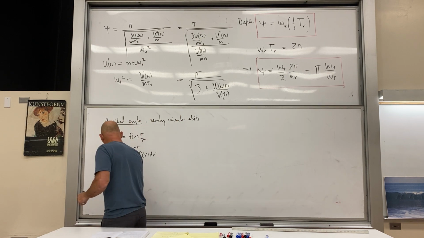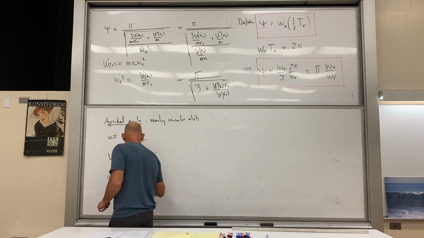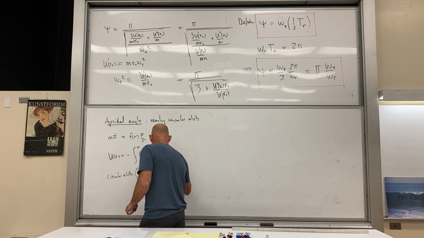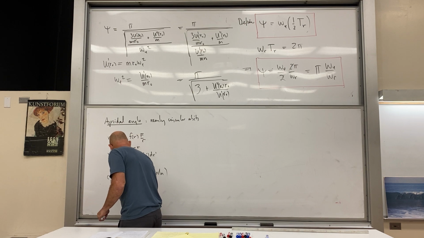And then we have our circular orbits. And now we're talking plane polar coordinates. And for the circular orbits, we have conservation of angular momentum.